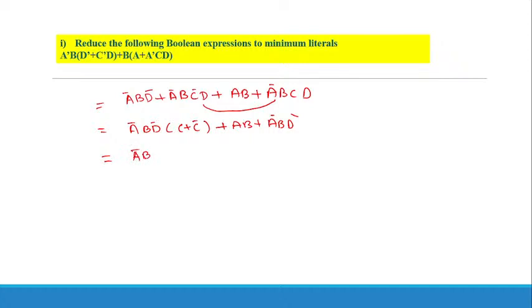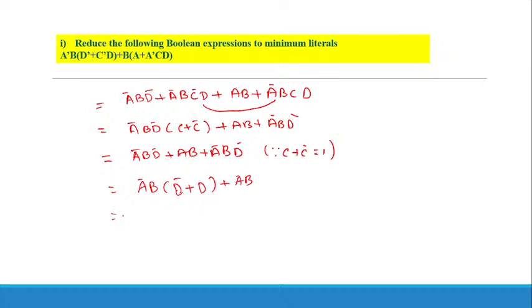So A bar, B bar, B bar plus A, B plus A bar, C, D bar, since C plus C bar is equal to 1. Then take out A bar B common, then write it as D bar plus A bar B common, then you will have B bar D left out, then plus AB.